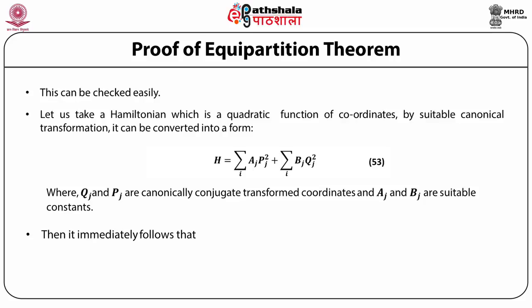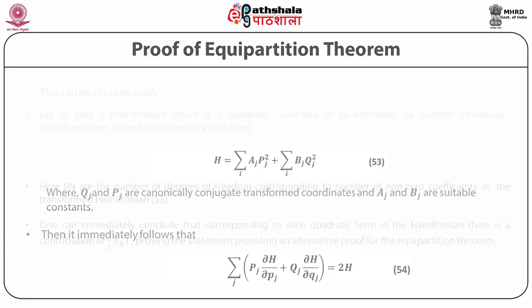Then it immediately follows that the summation over j of pj partial H upon partial pj plus qj multiplied by the partial derivative of H with respect to qj is equal to 2H.